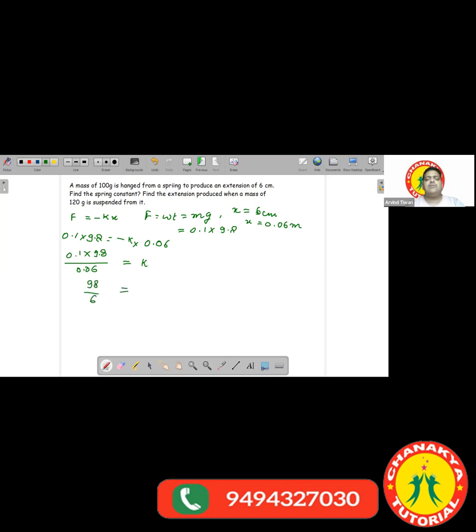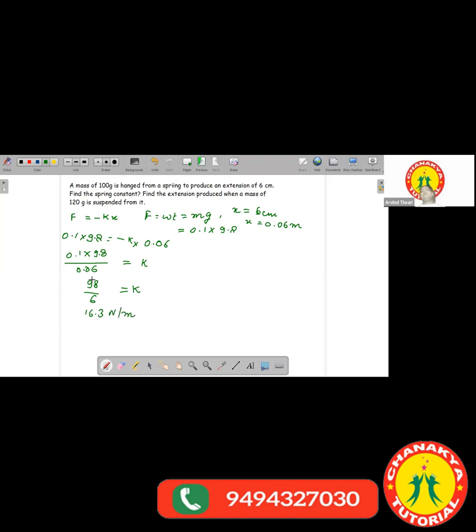That should be the value of k. Got it? So you can divide this. Dividing 98 by 6, you get 16.3 Newton per meter.